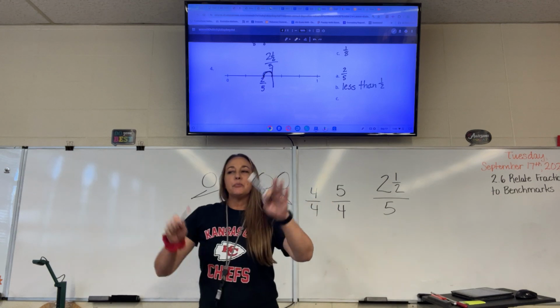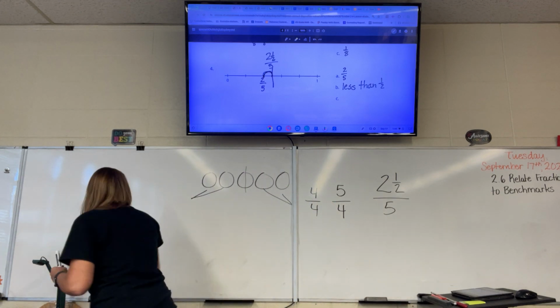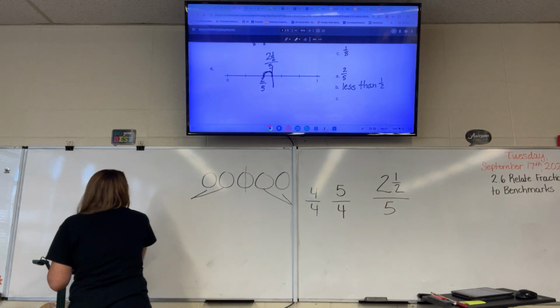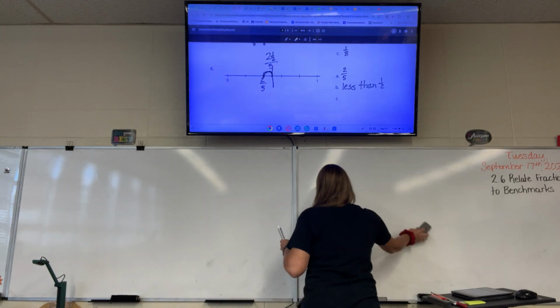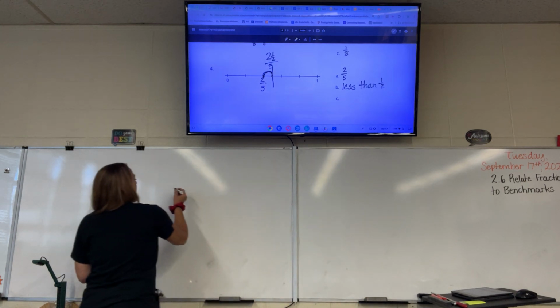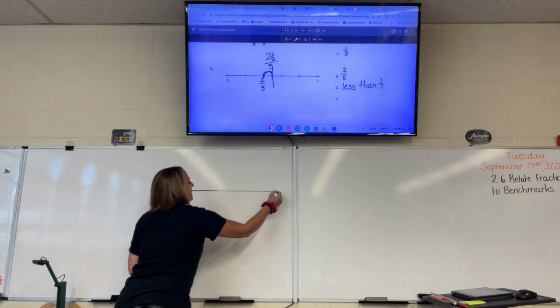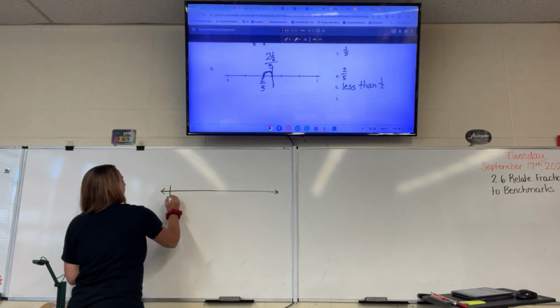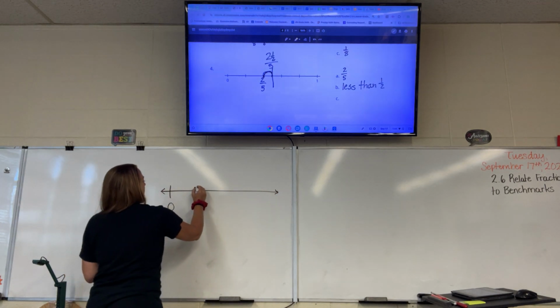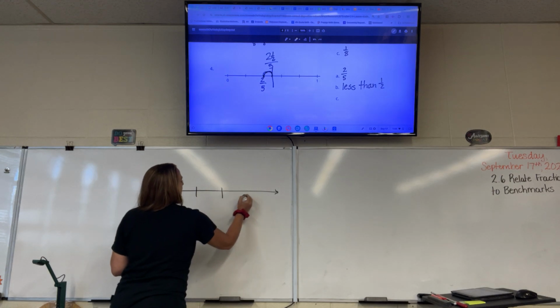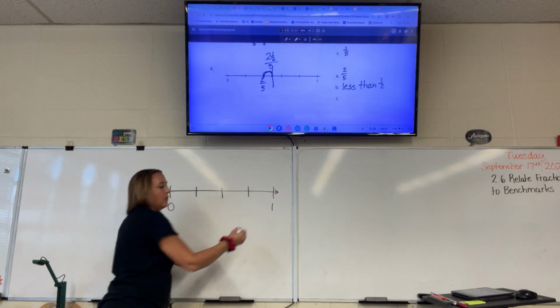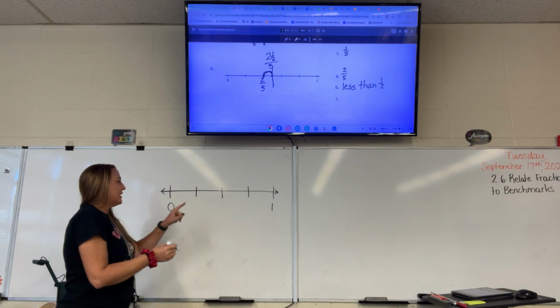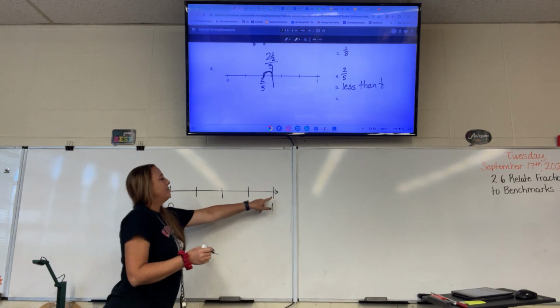Do you guys remember, put your hands down, we've spent enough time on this. Do you remember last week when we had number lines like this? And this was one whole. So let's count these. 1, 2, 3, 4.